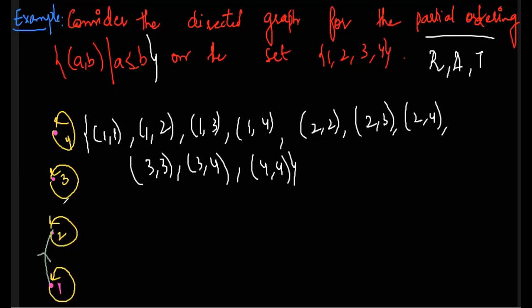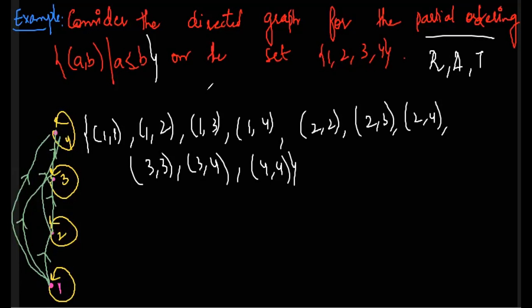Then we have from 1 to 3, and lastly from 1 to 4. After that, we have from 2 to 3 and 3 to 4, and then also from 2 to 4. Okay, so this is done.